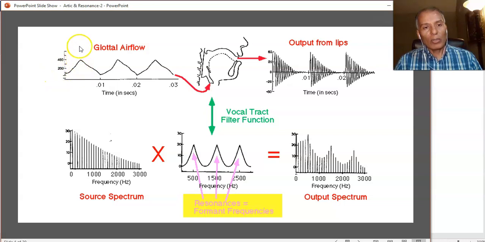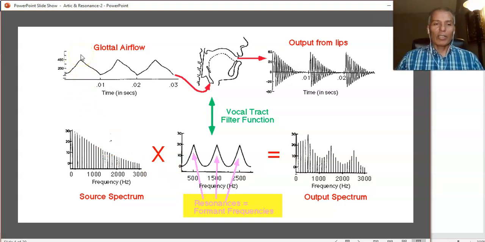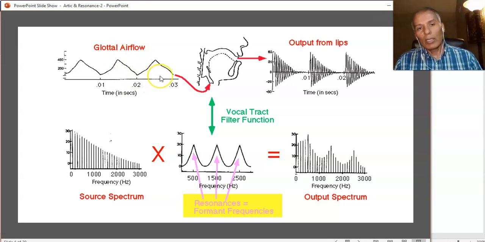But then as the buzz goes through the vocal tract, this is what you have now. When the frequency reaches 500, that is going to start to resonate in response. And then it skips, and then it goes to 1500, it will resonate again. Skips, goes to 2500, it resonates again. And you keep going on.